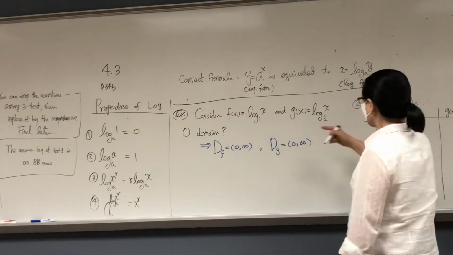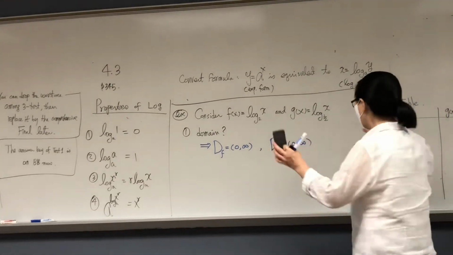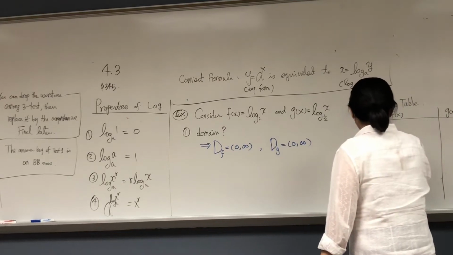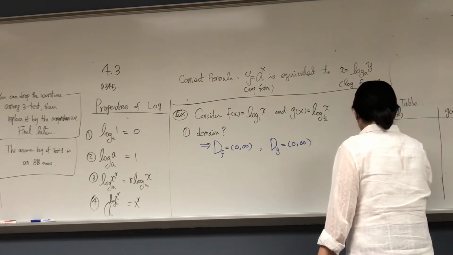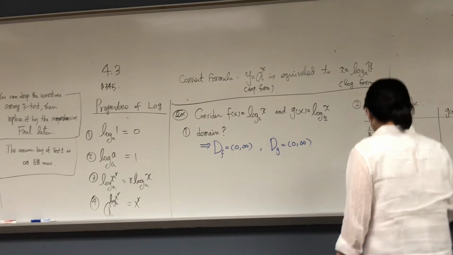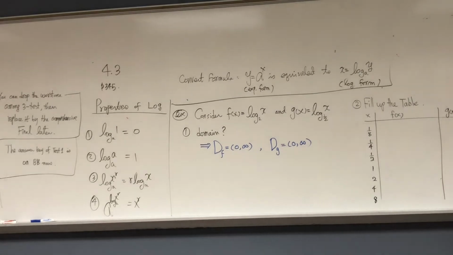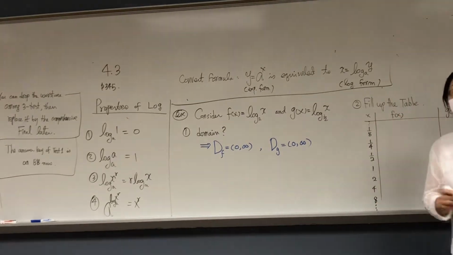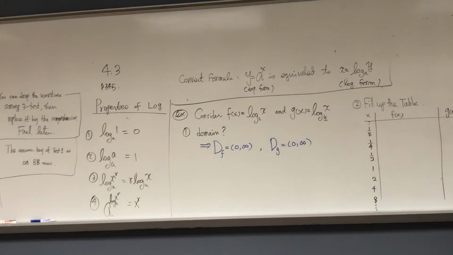Because your base is 2 or 1/2, I want to pick some numbers like 1/8, 1/4, 1/2, and then 1, and 2, 4, 8, like this. You can of course choose other numbers, but let's choose these.